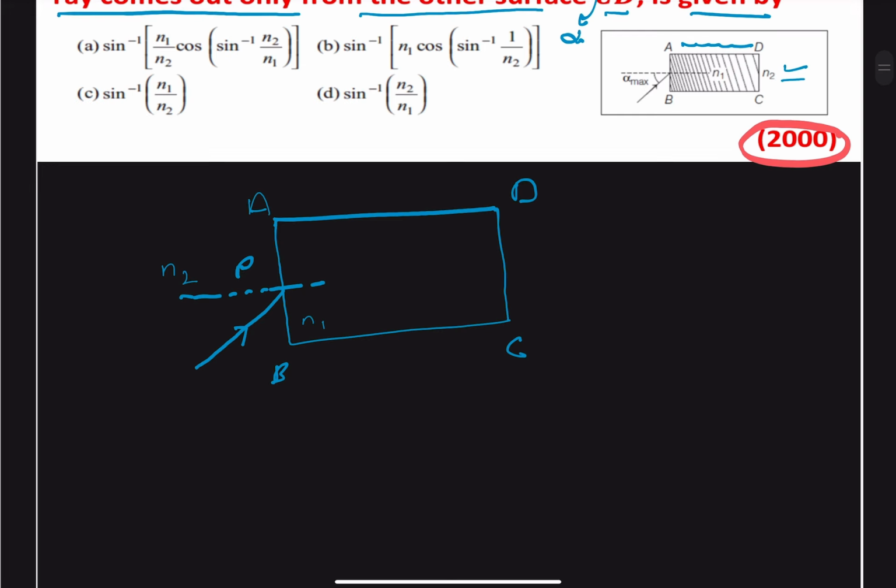So it will be bending towards the normal. It will go something like this, and for total internal reflection we want that it should come out from this DC surface, traveling in this direction. Let us call this R1, this R2, this point P, this point Q, and this point R, and we want this angle to be alpha max.